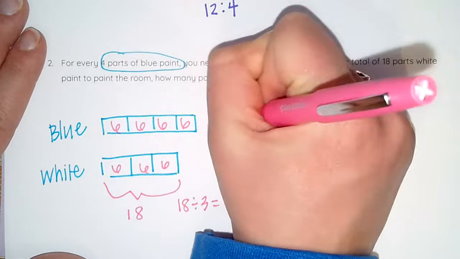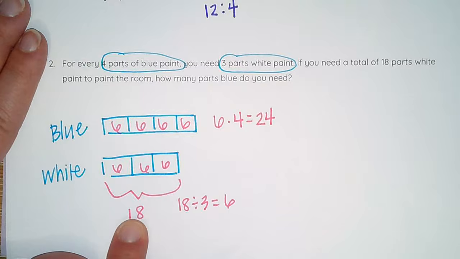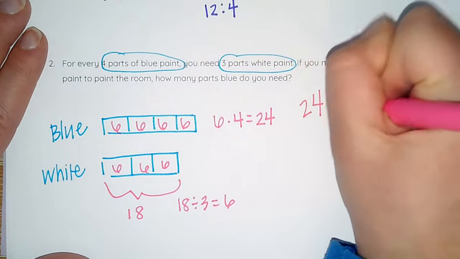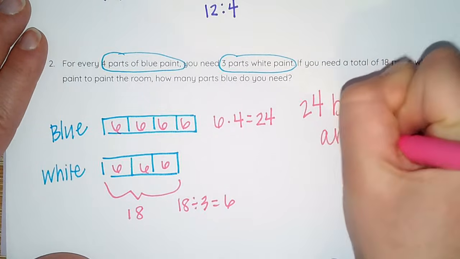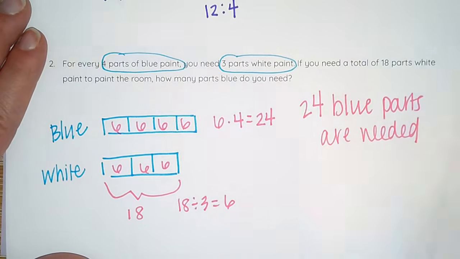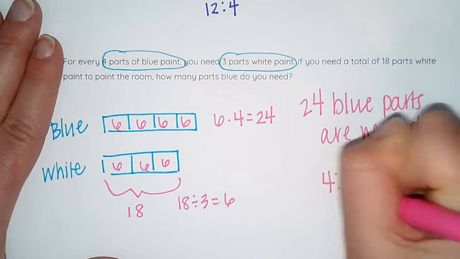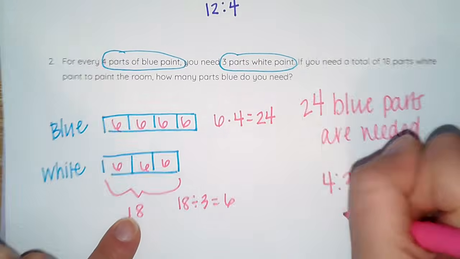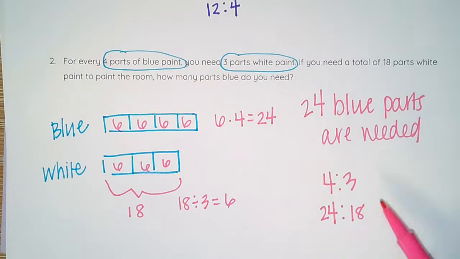So 6 times 4 gets me 24. That means if I have 18 parts white paint, 24 blue parts are needed. My equivalent ratios, parts blue to white, was 4 to 3. And then once I have 18 parts white, I will have 24 parts blue. So my equivalent ratios are 4 to 3 and 24 to 18.